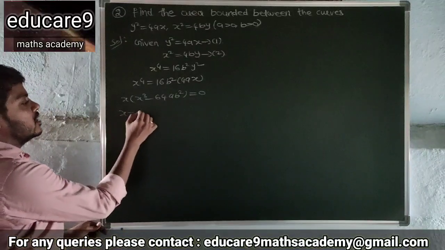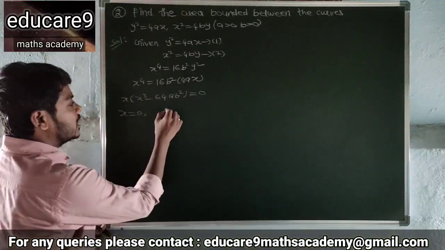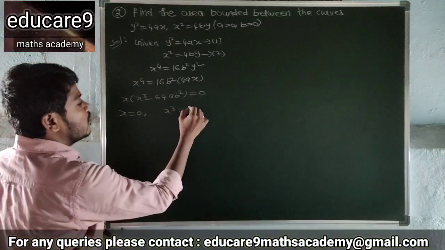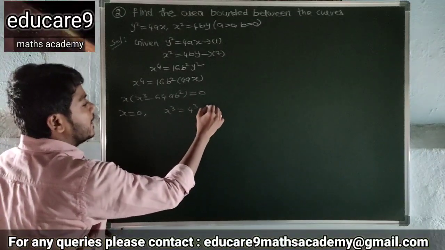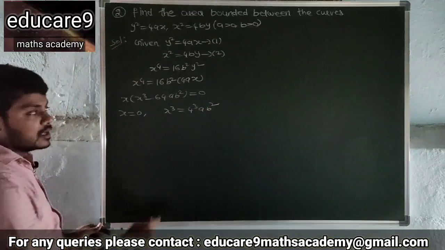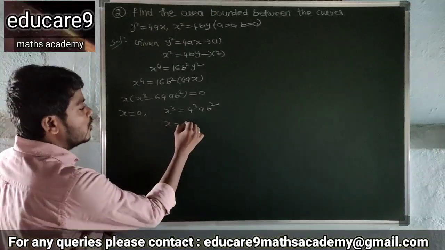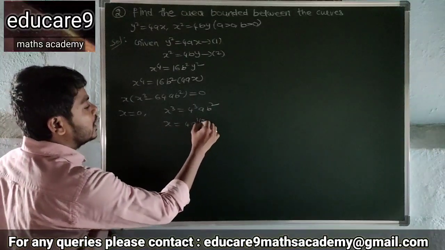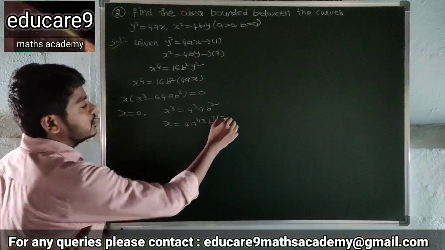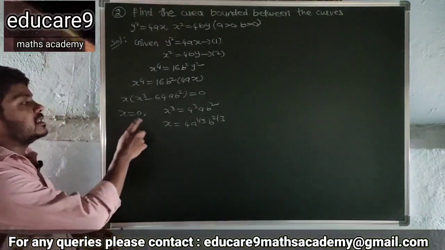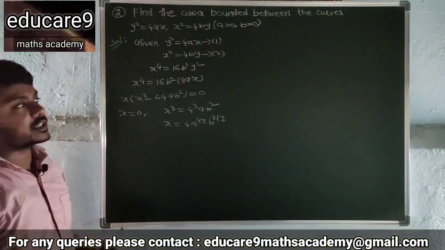So one is x is equal to 0, another one is x cube is equal to 4 cube a b square. So clearly x value is 4a to the power of 1 by 3, b to the power of 2 by 3. So clearly these are the points of intersection.